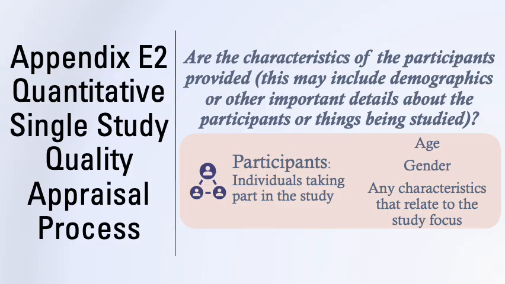Researchers should include enough information about participants so that the readers can easily understand who the study findings could be applied to. Common demographic characteristics to include are age and gender. Other characteristics should be included as they relate to the study focus. Some common examples may be years of experience, highest level of education, or years working on a specific unit.